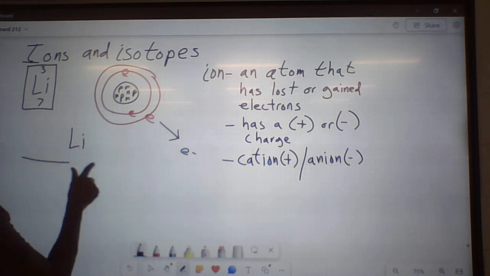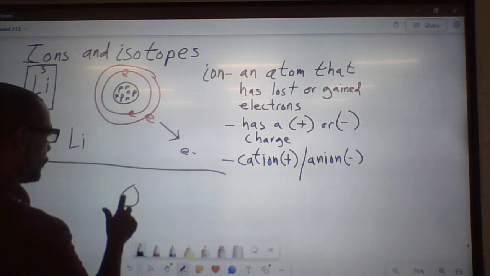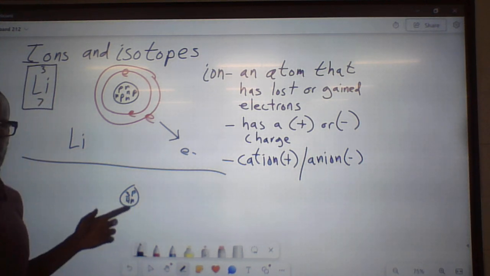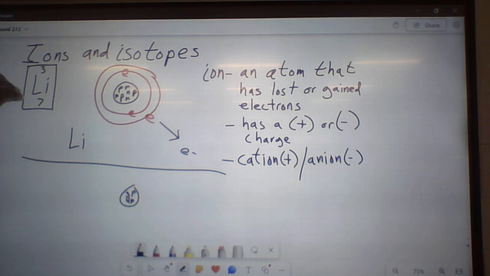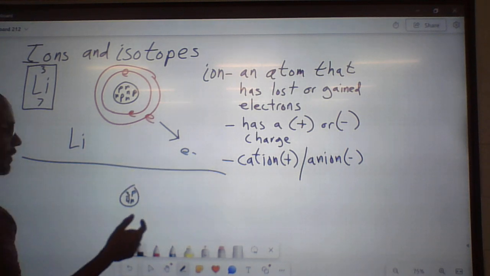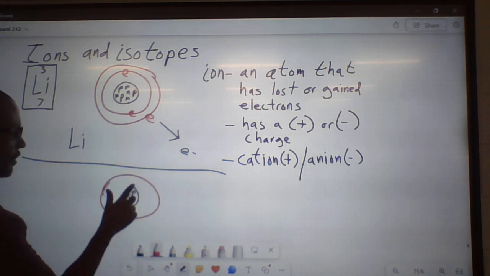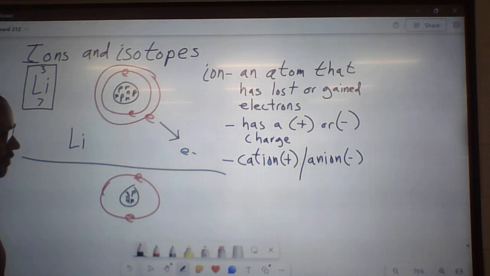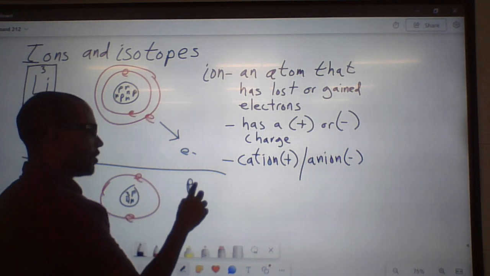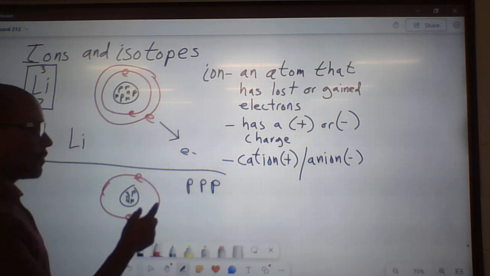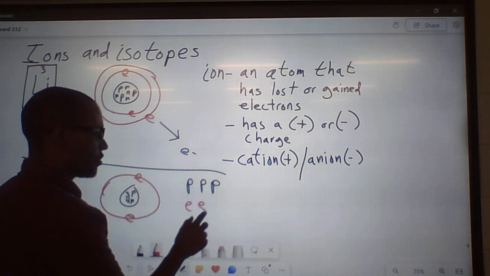If we do that, now we have 3 protons, 4 neutrons in our nucleus. We lost that outer shell that has 1 because we got rid of that electron. So now we only have 1 shell that has 2 electrons in it. If I look at how many protons I have, 1, 2, 3 protons in the nucleus, but I only have 1, 2 electrons.